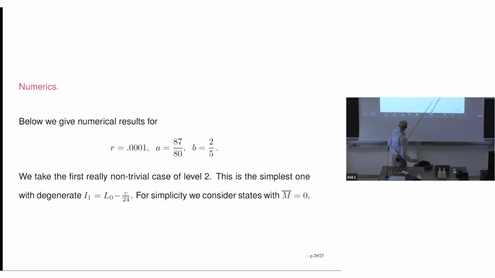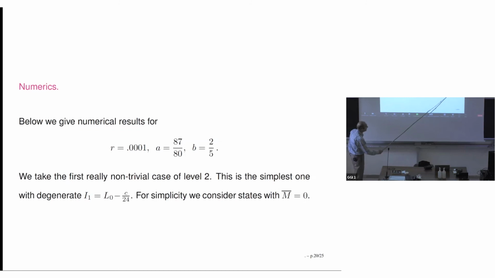So now let me really compare it. I take numerics. I will take this dimensionless radius 10 to the minus 4 because I want the small limit, and A is like that and B is like that. I just compute for this.